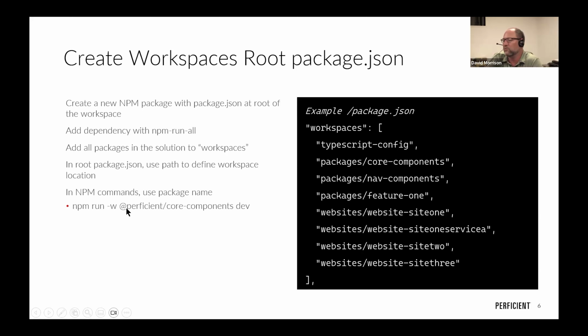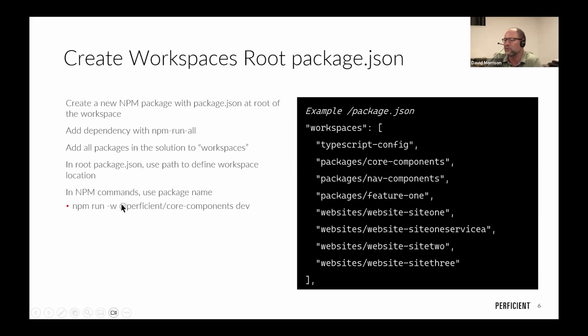Node lets you use both, but it's a lot easier from a folder perspective and from a CLI perspective if you're always targeting the package name, because you might have packages two or three levels deep. If you move projects around, you don't want to have that hard dependency on the path of the folder.